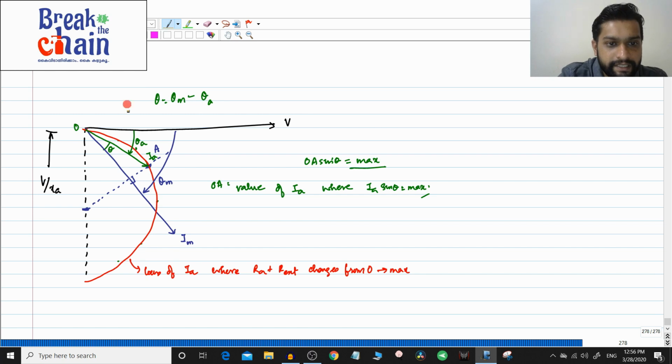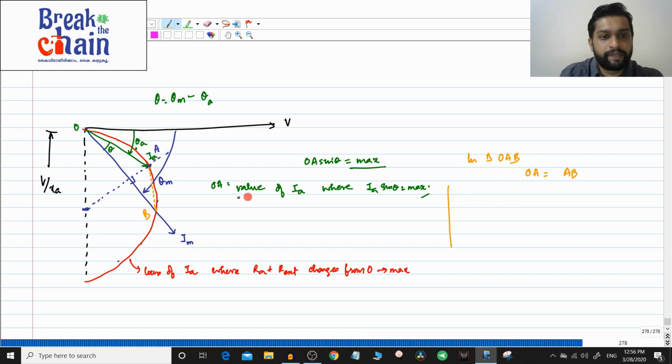Now, there is an interesting thing here. If you join this, in this triangle OAB, the line OA will be equal to AB. It is simple geometry, since we are drawing this perpendicular line from here. So in triangle OAB, OA is equal to AB.